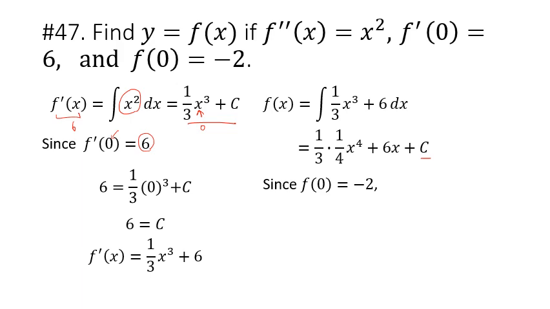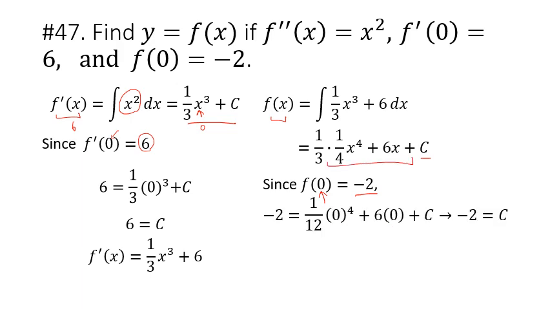To find c, we have to plug that in. f of x value is negative 2 when x value is 0. So I plug in negative 2 here and 0 for x. So this part is going to be 0. So c is negative 2. So f of x is 1/12 x to the 4 plus 6x minus 2. This is our f of x.